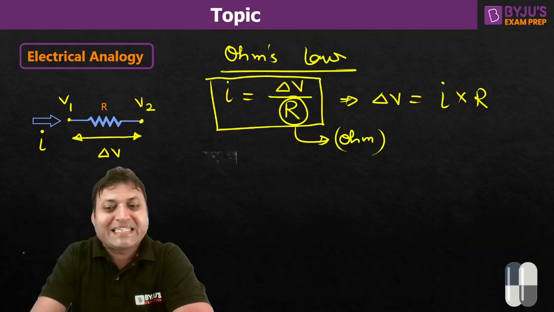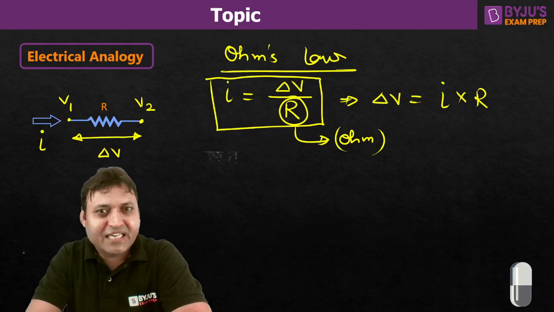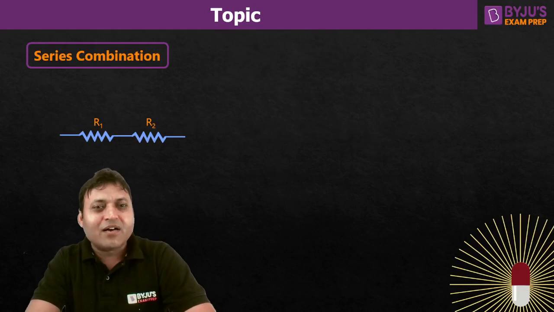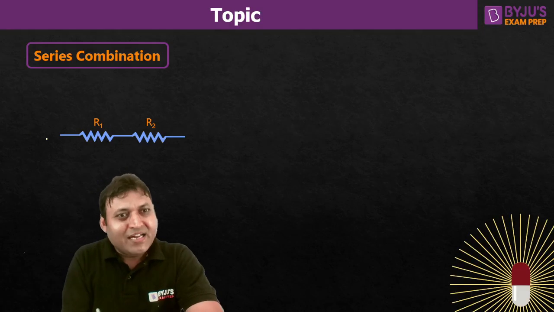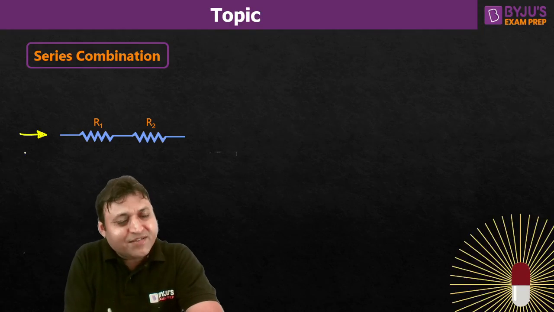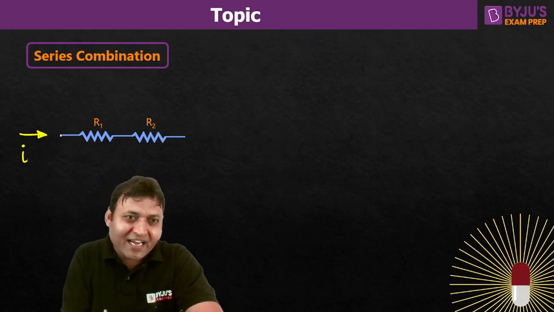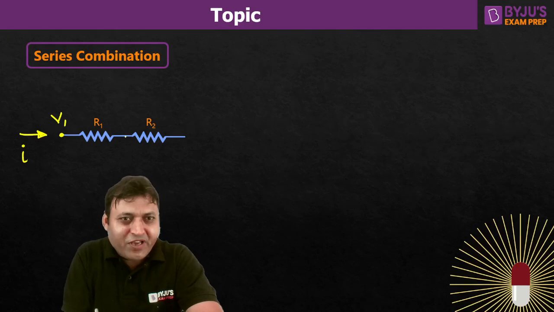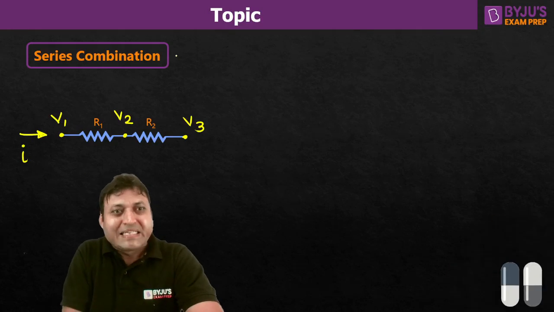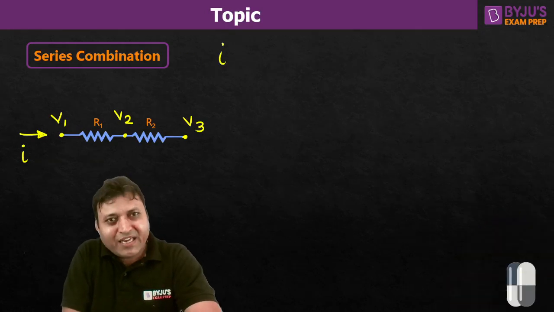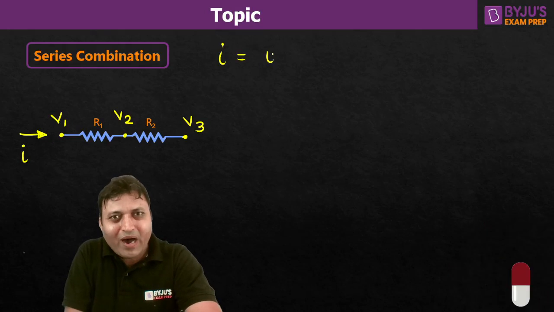And for a single resistance, if there are multiple resistances arranged in series, then how to analyze the circuit? This is the current, I is the current. Let me call this V1, this potential V2, and the third potential V3. So according to the series combination of resistances, I will be equal to I1.